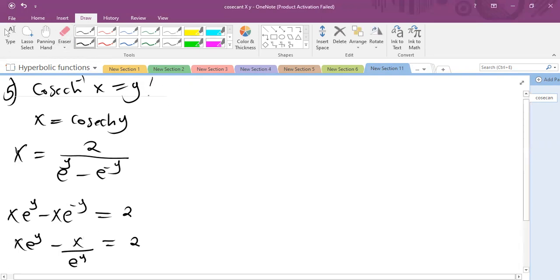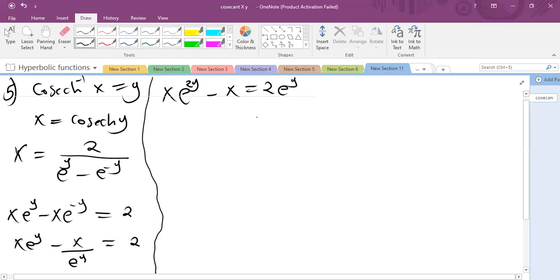So multiplying throughout the equation by e^y, we'll have x e^(2y) minus x is equal to 2 e^y. This forms a quadratic equation. If we rearrange, we have x e^(2y) minus 2 e^y minus x is equal to 0.